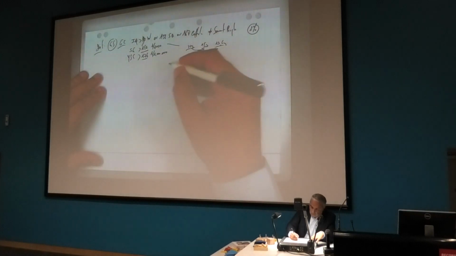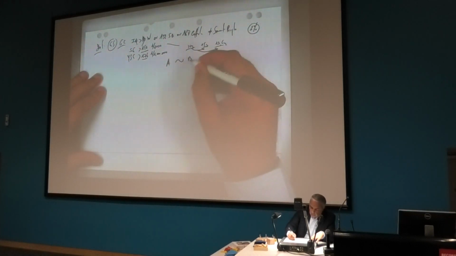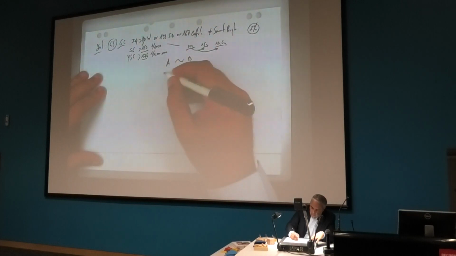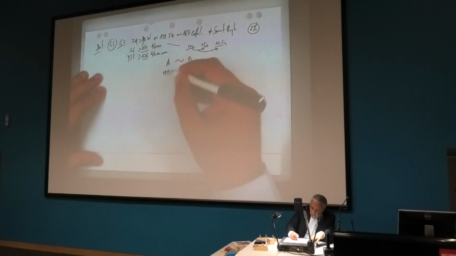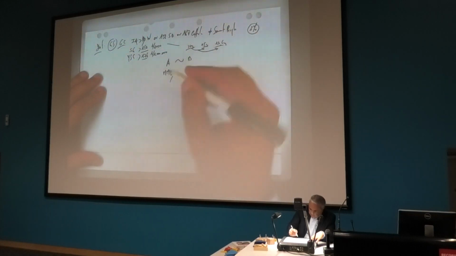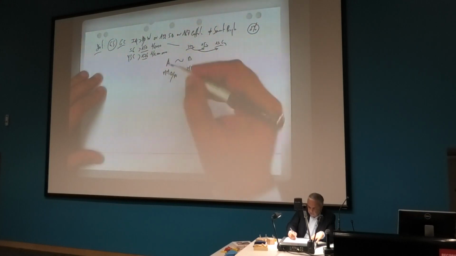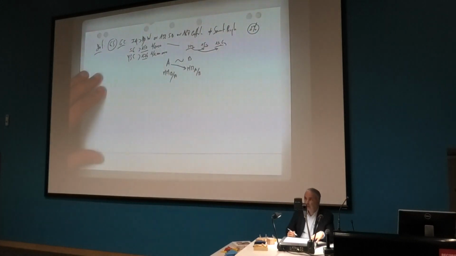So we have a model. A is talking to B, but in fact we have a mental model of B to A, and a mental model of A to B. So in fact, when A speaks to B, he speaks to this model.